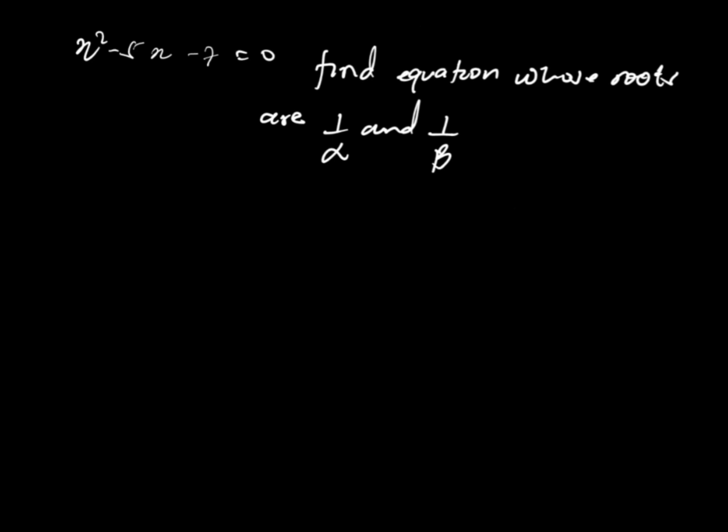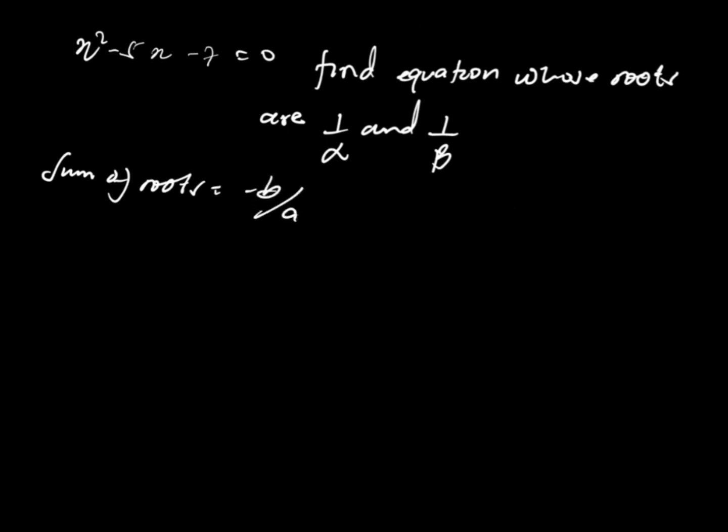To work this out, the major principle we follow is that we found out the sum of roots is equal to negative b out of a.